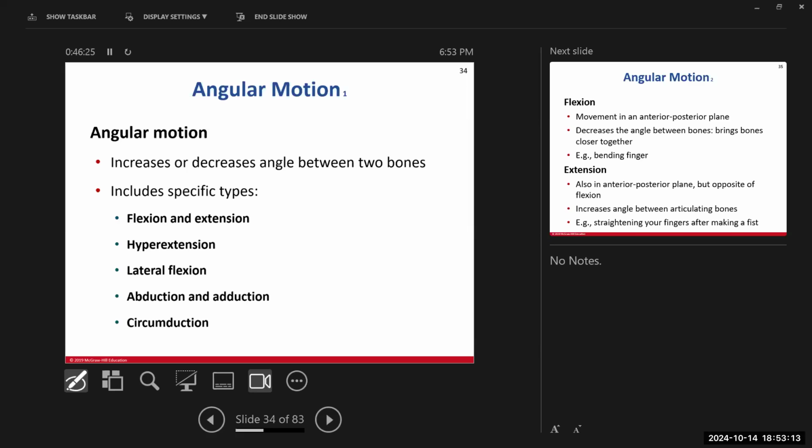For example, we now know all the bones that make up your elbow joint. You've got your humerus in your arm, and then your radius and your ulna in your forearm.